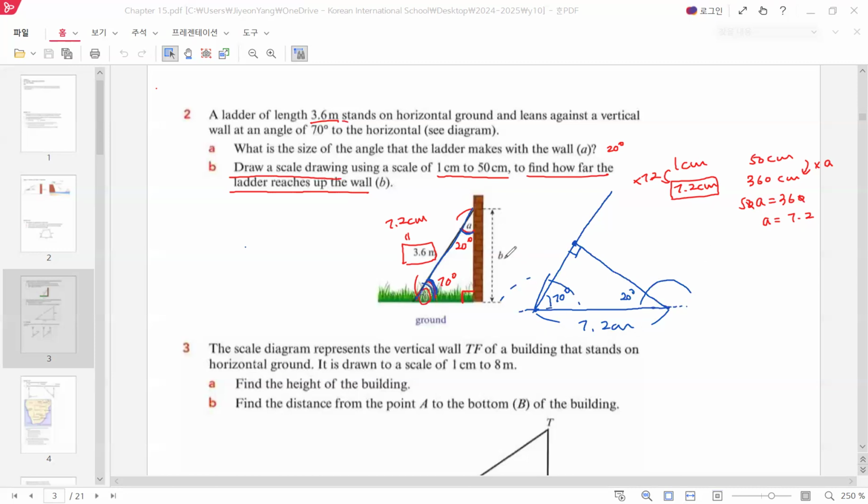The angles at both sides are 20 degrees and a right angle.